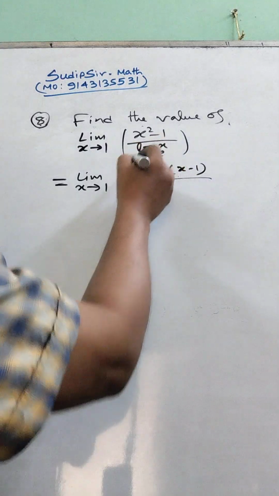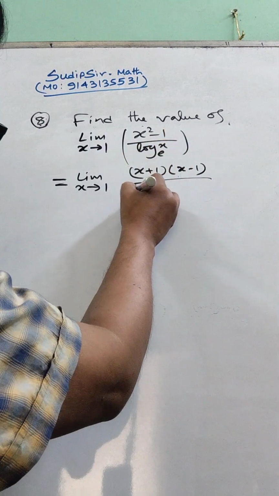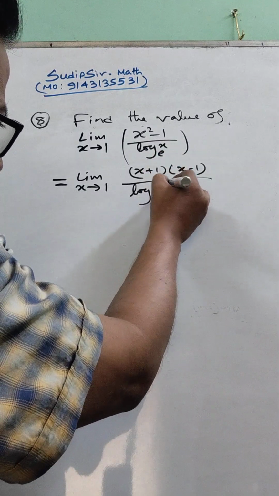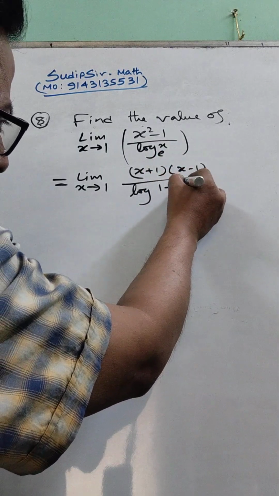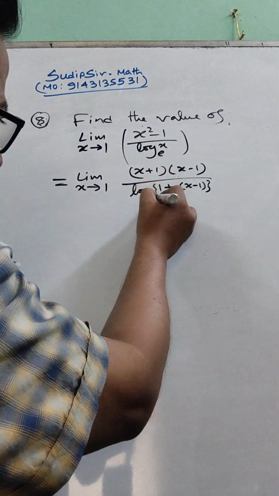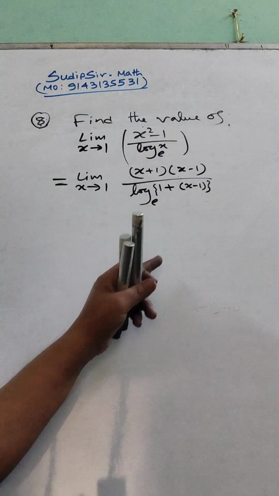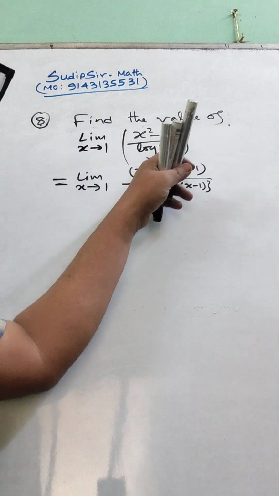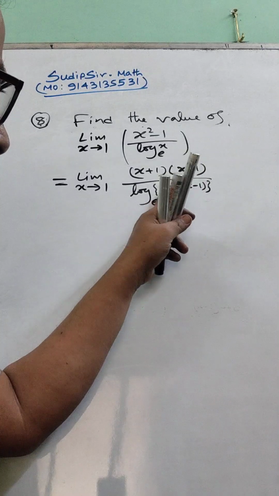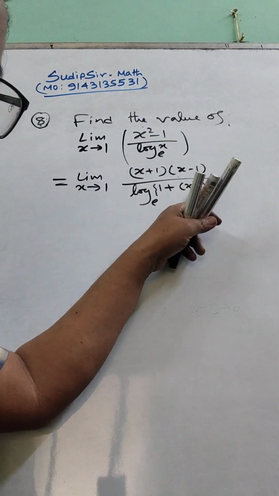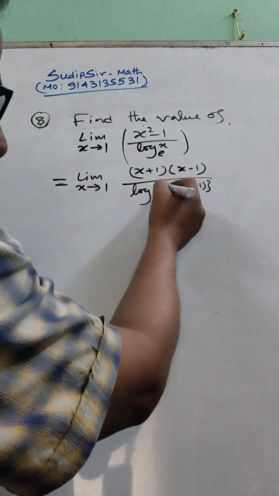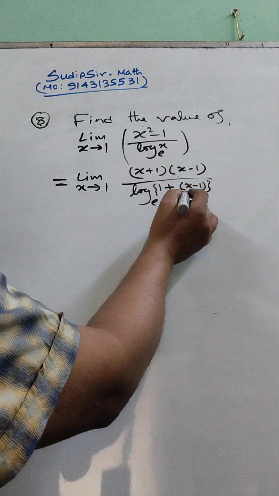And for this, we have to write log of 1 plus x minus 1. Basic. Now x can be written as 1 plus x minus 1, so this 1 cancels, that is x.